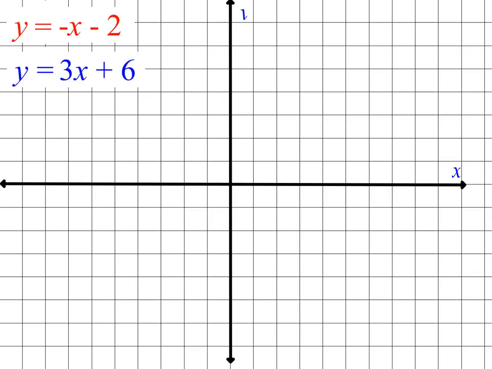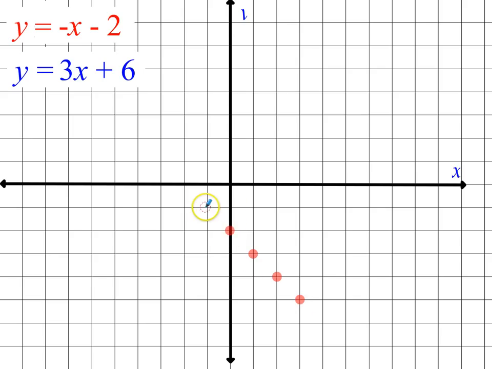We got two lines. So let's go ahead and plot some points here. I'm going to graph the red line first. I've got a y-intercept of -2, so I'm going to put a point here at -2, and then I've got a slope of -1. So I'm going to go down 1, right 1, down 1, right 1, down 1, right 1.